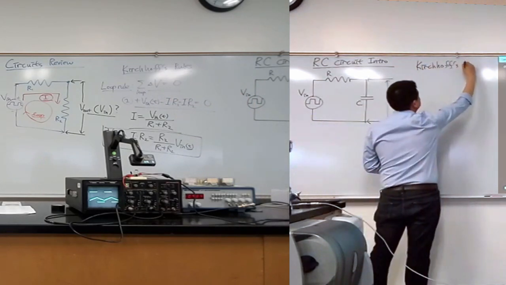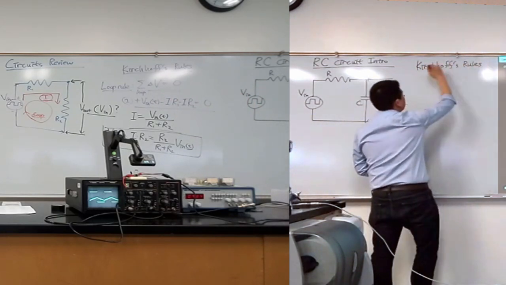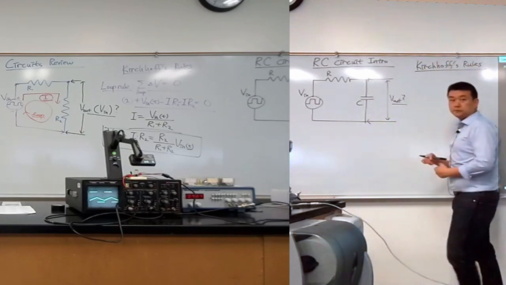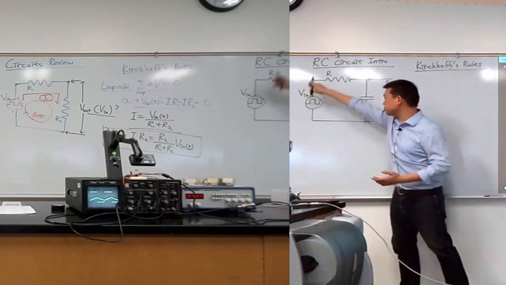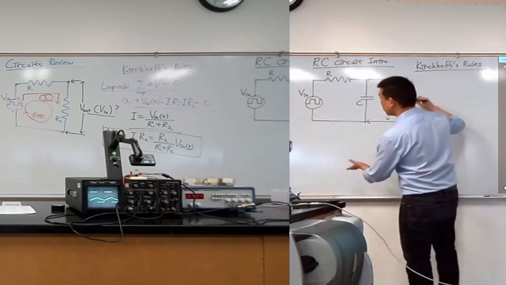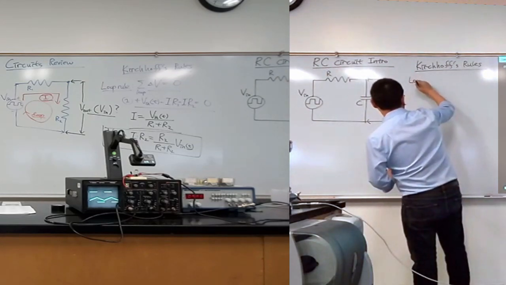Kirchhoff's rules. So do I use a junction rule this time? Or no? There's still no junction here. It's still just one loop. So I'm just going to use the loop rule.